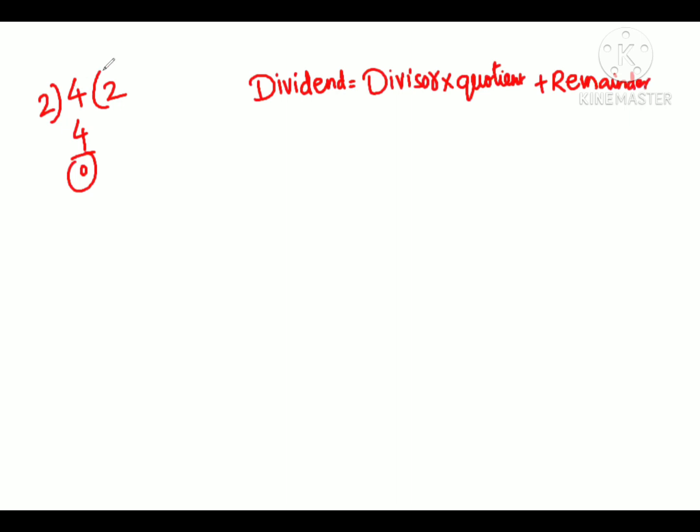The number which is being divided is called the dividend, this is the divisor, this is the quotient, and this is the remainder. Here 4 is the dividend. So 4 is equal to divisor 2 into quotient 2 plus remainder 0. 4 is equal to 4.